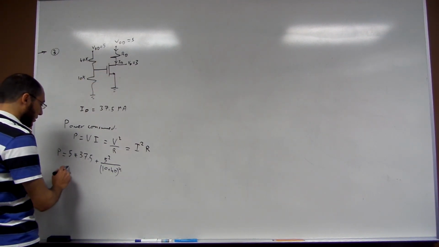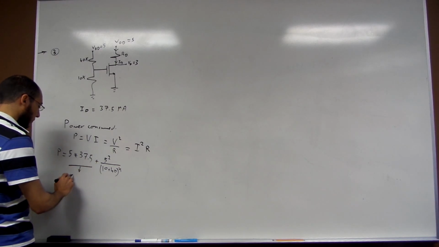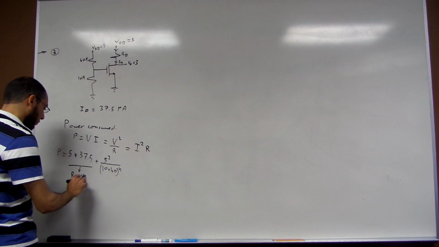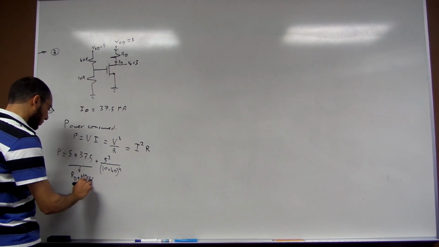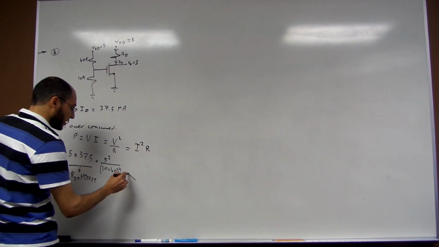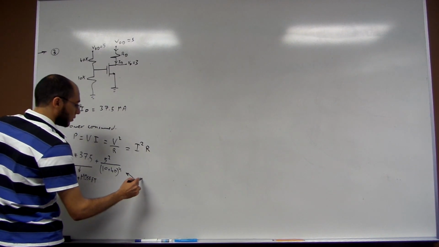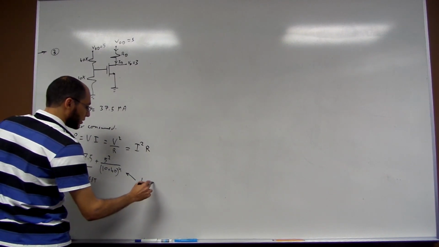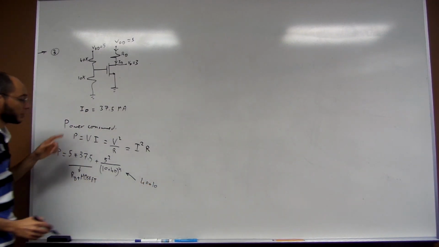And that is the value of the power in the resistor RD plus MOSFET, and that is the power passing through the 40 plus the 10K.